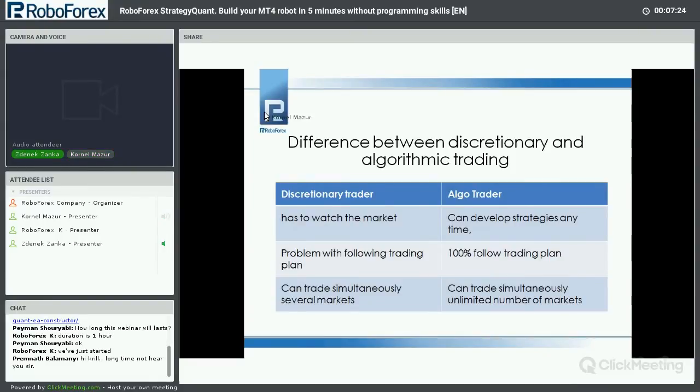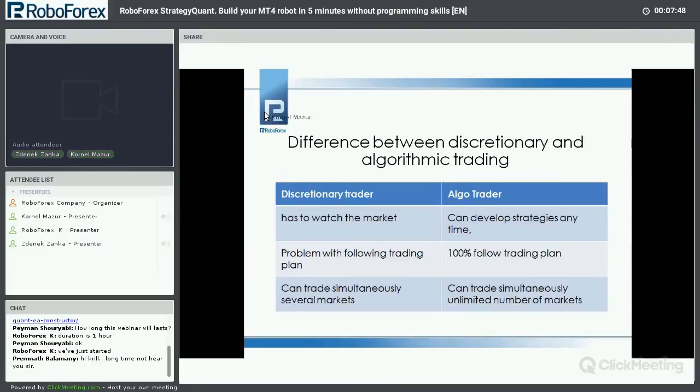And as an algo trader, you can develop strategies anytime. I think this is one of the biggest benefits, that you don't need to watch the computer. Currently, I have a portfolio of robots, and they are running right now. Even as I have this webinar, I have several portfolios, and they are right now trading and making money.